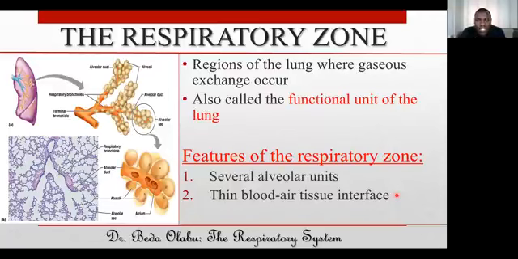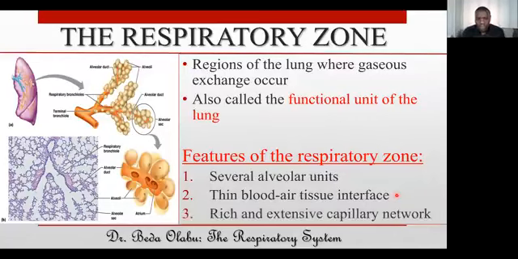That tissue interface is very thin, and it makes sense because you want a thin barrier for gas exchange. Lastly, these regions contain an extensive capillary network. They are highly vascularized, again for efficient gas exchange. These are the features of the respiratory zone.